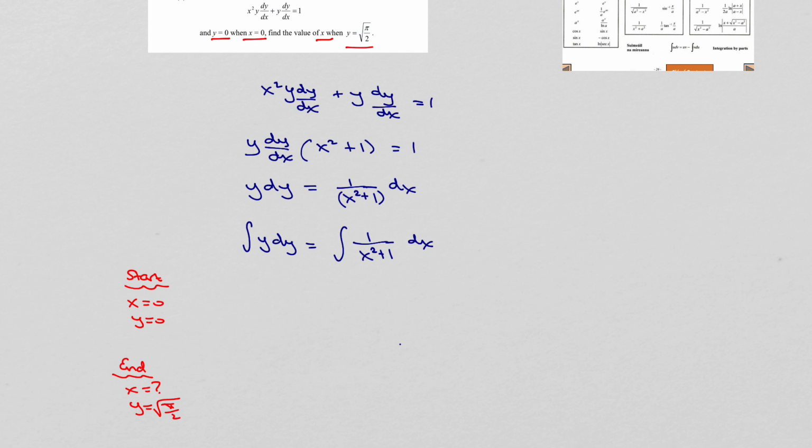So our upper limits are our end limits. And now we're ready to integrate. On the left-hand side, if I integrate y with respect to y, that means I'll add 1 to the power, divide by the new power.